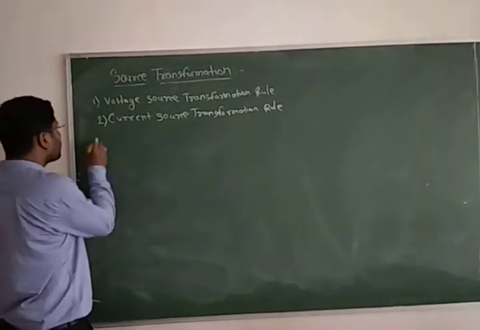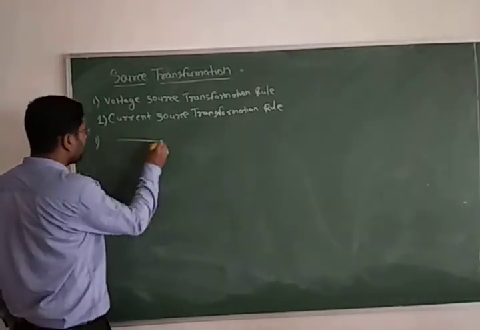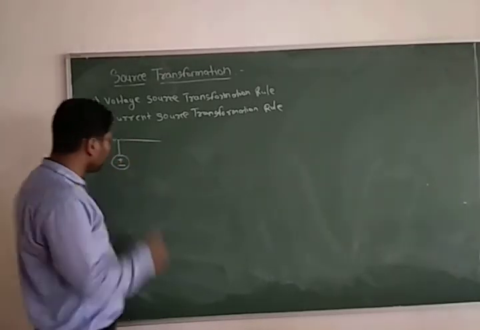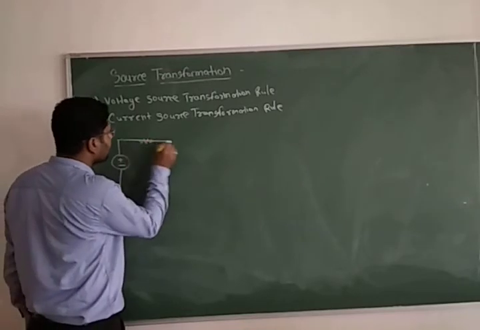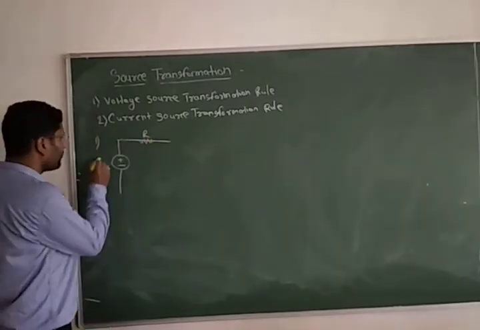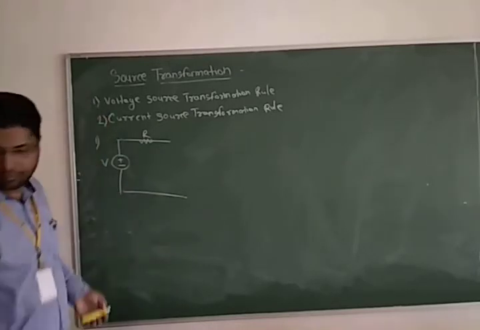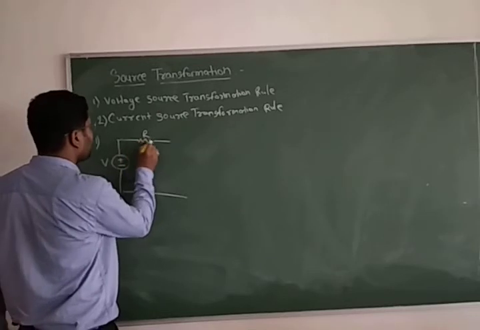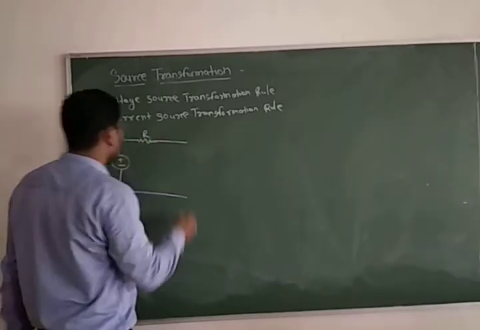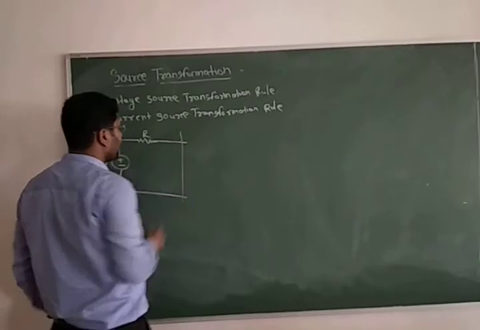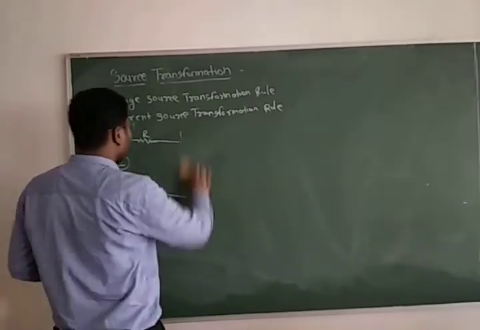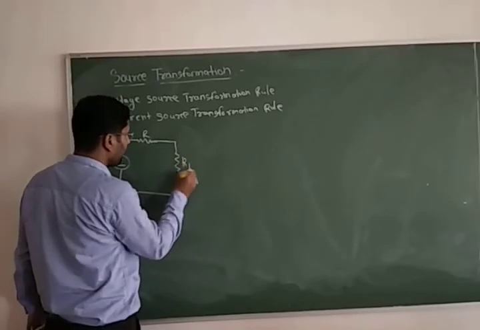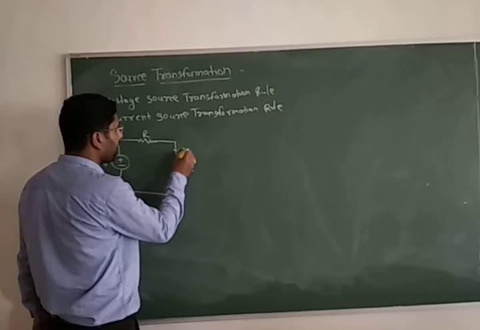So for the first, you just draw that voltage transformation rule. But I said when there is a voltage source, in series there should be a resistor. That is resistor R. And this is, you can see, I will make this a load resistor, and you have to find out the load current.